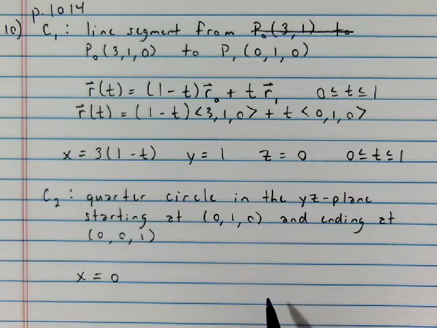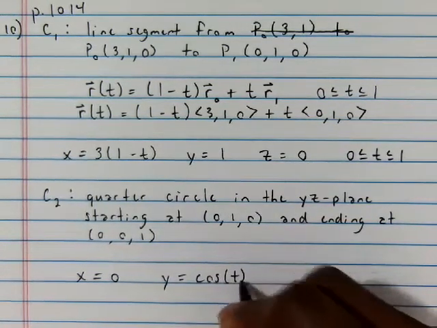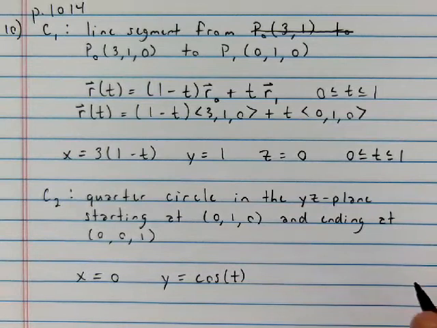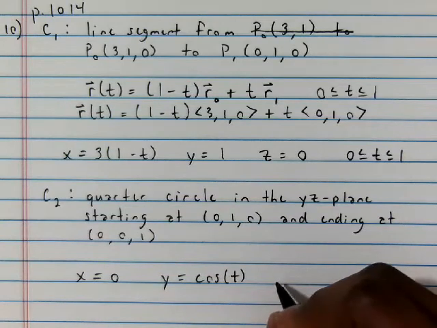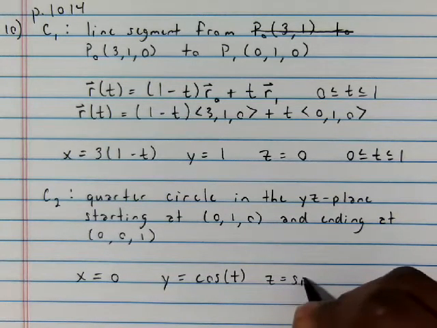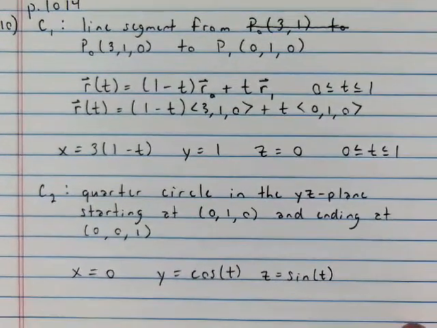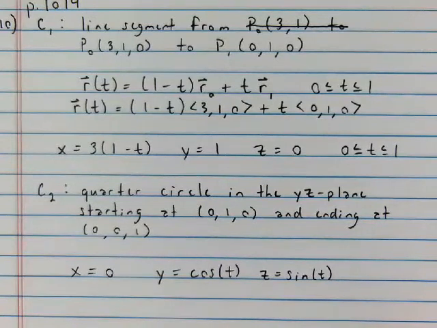The radius of the circle is 1, so y equals cosine t. We also want to make sure we're going in the counterclockwise direction, so you have to be careful about switching your sine and cosine when you have an orientation. Make sure your orientation is correct. Then z equals sine of t. For our bounds, if we want a quarter circle, t goes from 0 to pi over 2.